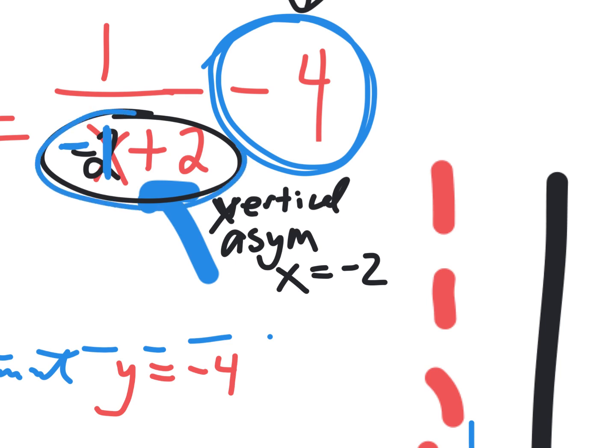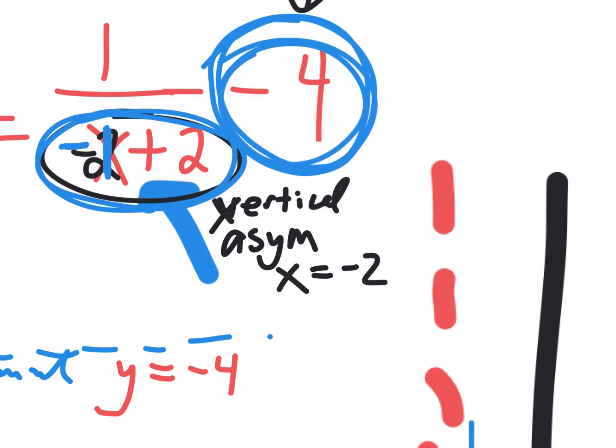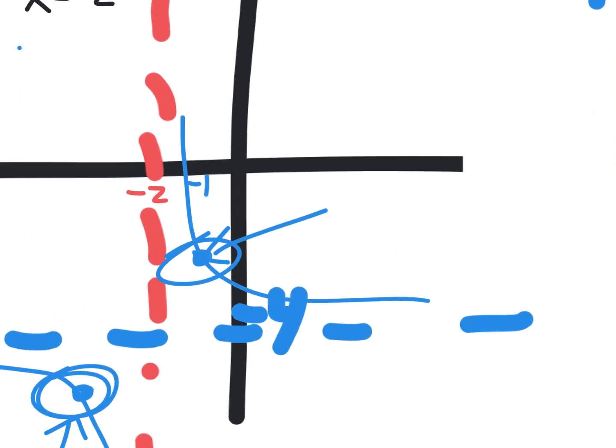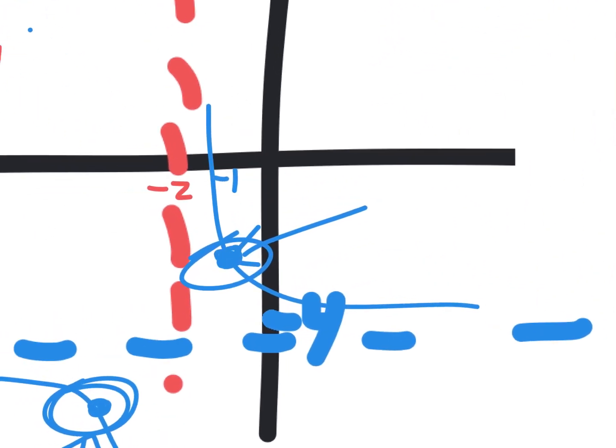See, this whole thing makes 1. 1 divided by 1 makes 1. 1 minus 4, -3. Just like it looked like. That right there was -1, -3.